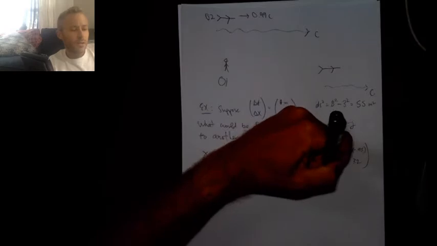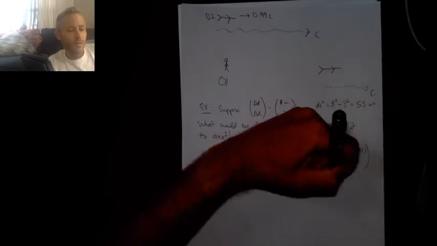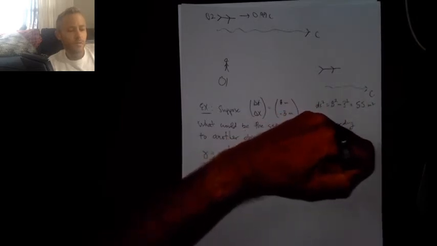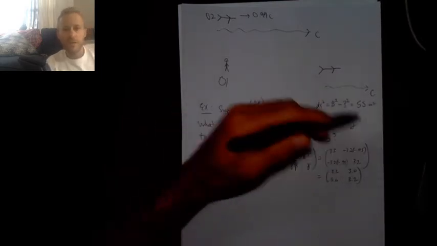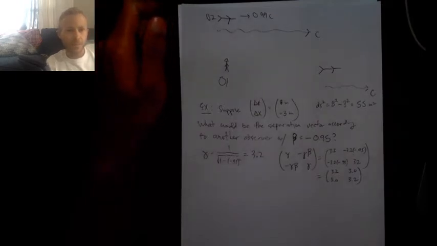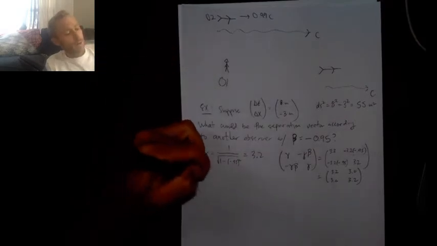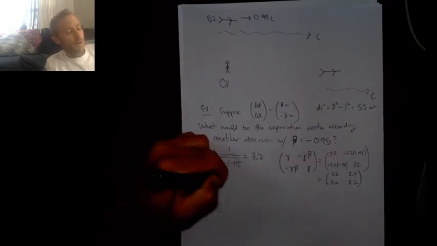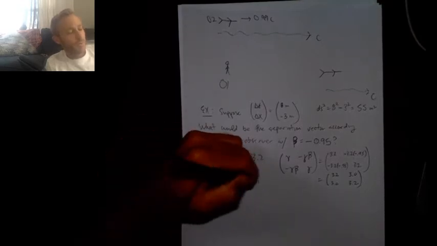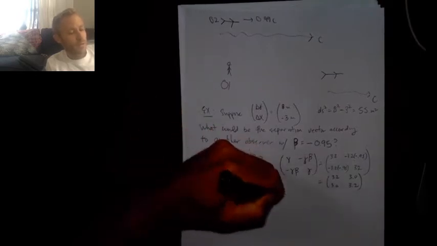It's going to be the matrix 3.2, 3.0, 3.0, 3.2. Notice that the double negatives make the off-diagonal terms positive. Then our delta t prime and delta x prime are going to be 3.2, 3.0, 3.0, 3.2 times the vector 8, negative 3.